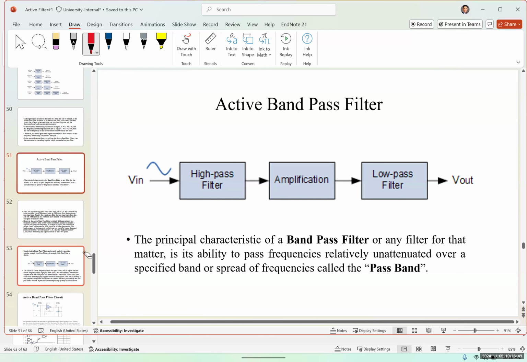The principal characteristic of a bandpass filter, or any filter for that matter, is the ability to pass frequencies relatively unattenuated over a specific band or spread of frequencies called the pass band. So a bandpass filter, as mentioned before, looks like this. It has a lower cutoff frequency and an upper cutoff frequency.